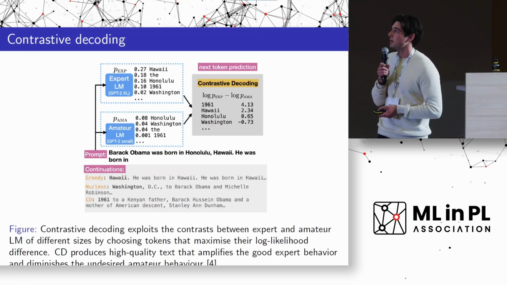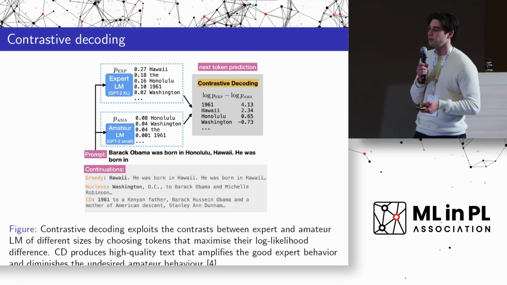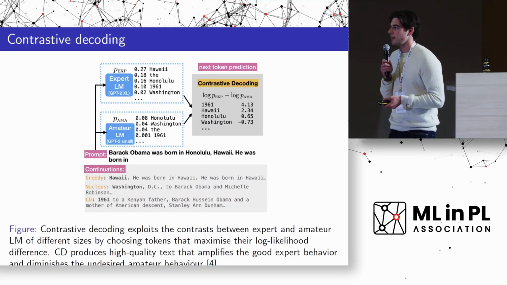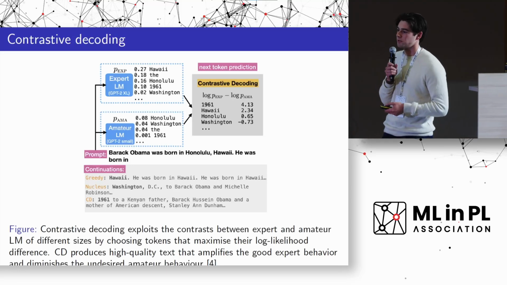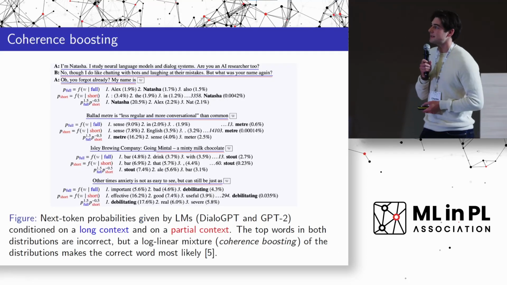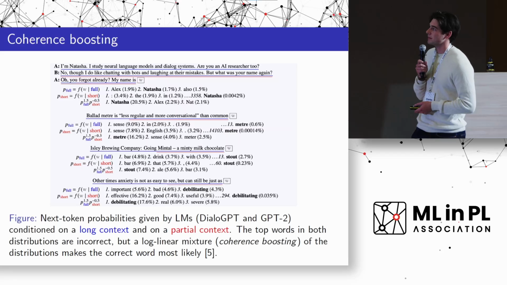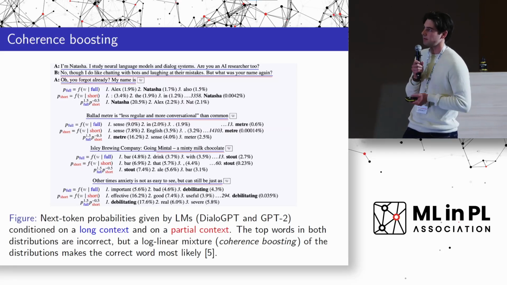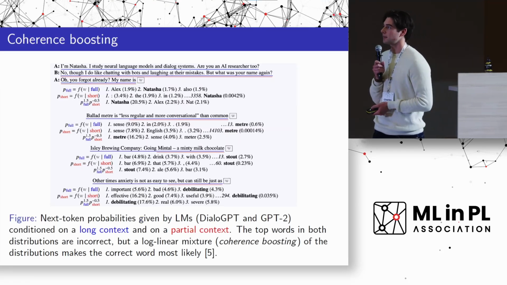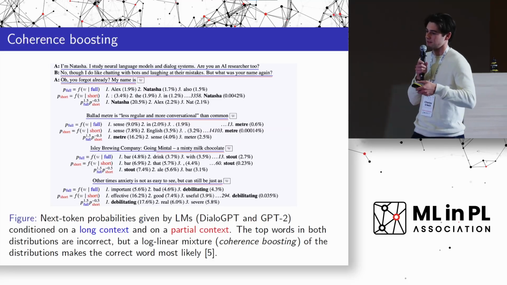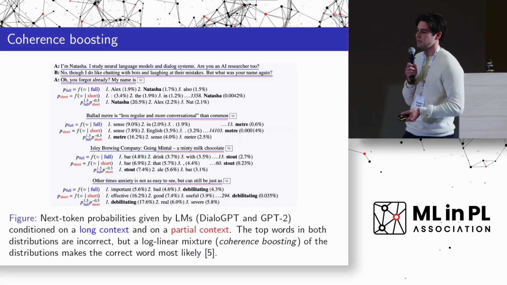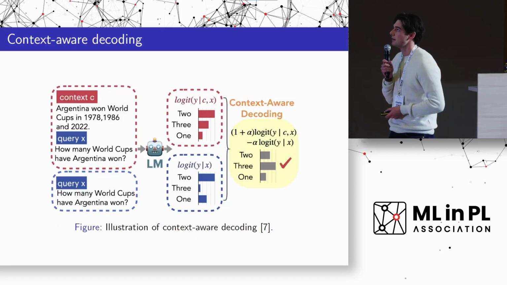Contrastive decoding, a similar thing, can emphasize the really good aspects of the expert model and downweight the aspects of the amateur model that aren't as good, and similar sorts of things for the other methods. Here, this is very similar to classifier-free guidance, it's just that you're truncating the context. So you're really emphasizing the start of the context when you subtract the probability distribution without that start of the context.